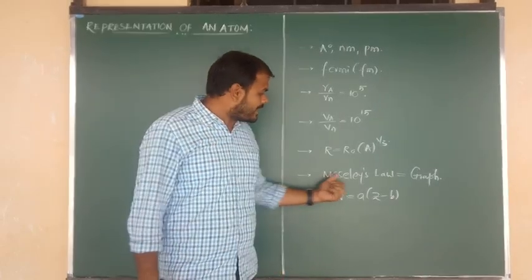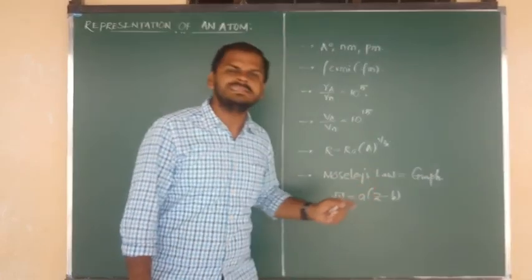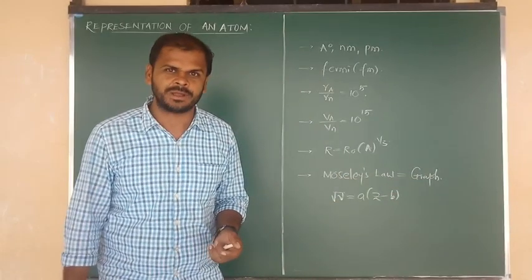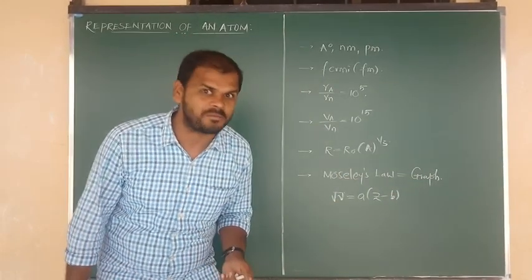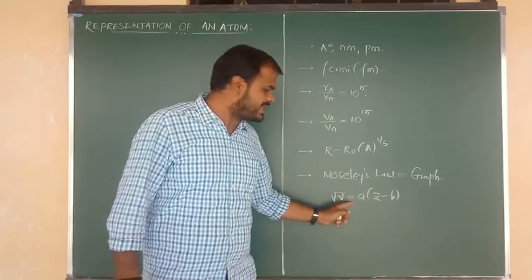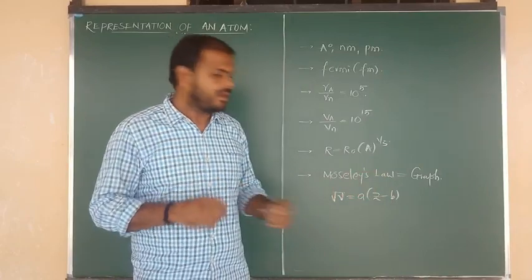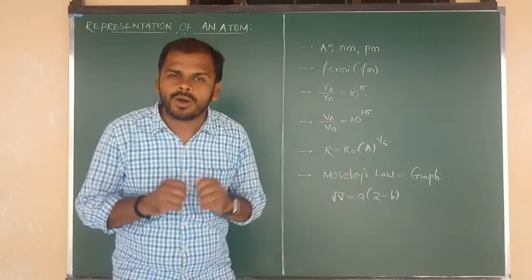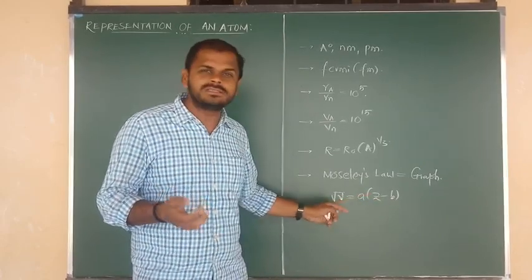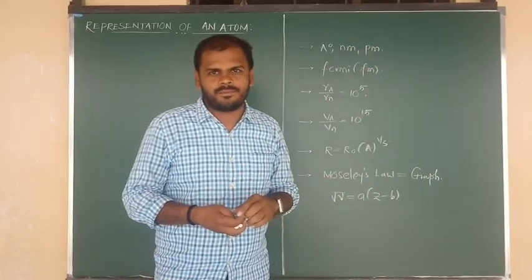Yes. And the last information we saw in that video is Moseley's experiment. Along with that graph, I gave the explanation, and also used one objective problem. What is Moseley's equation? Root of nu equals A into Z minus B. A and B are constants, Z is the atomic number, and nu is the frequency of the characteristic X-ray.